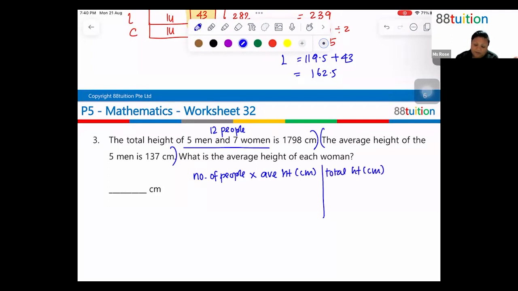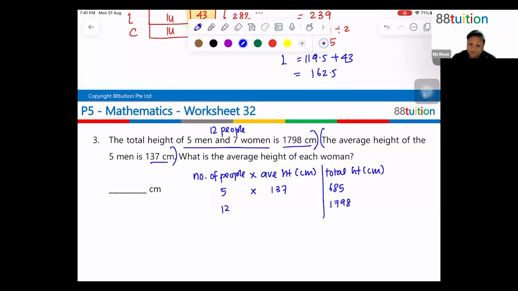So if there are 5 men and the average height is 137, what's their total height? 685. So I multiply. And I know that the total height of 12 people is 1,798.